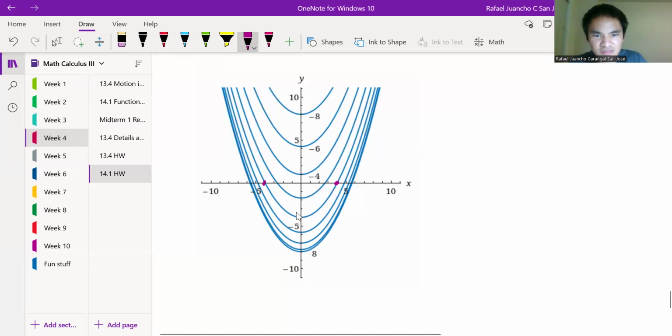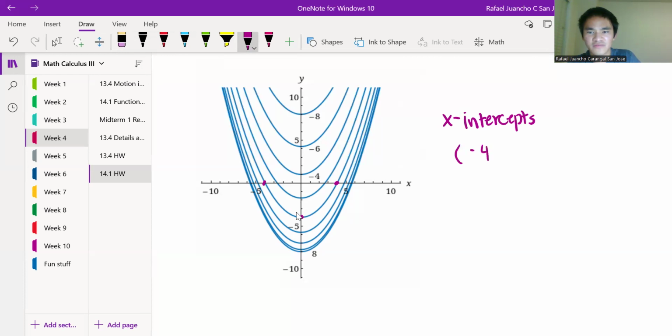Here we also see a negative 1, 2, 3, 4. So here it intersects as well. 1, 2, 3, 4. Here we can actually see that it has x-intercepts at -4 and 4.